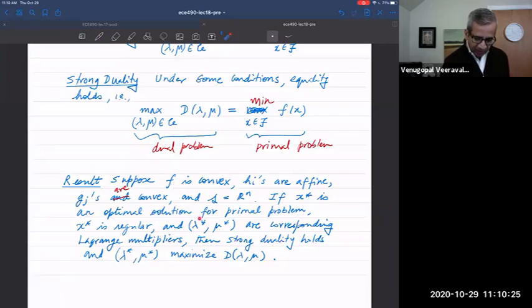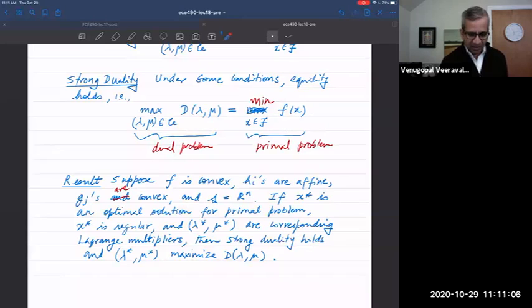Now, if x star is an optimal solution for the primal problem, and one way to obtain that optimal solution is by setting the gradient of the Lagrangian to 0 because we have convexity, and x star is regular, and lambda star and mu star are the corresponding Lagrange multipliers, and I'm putting a star on the lambdas on purpose because these will turn out to be optimum for the dual problem, then strong duality holds, and lambda star, mu star maximizes this function.